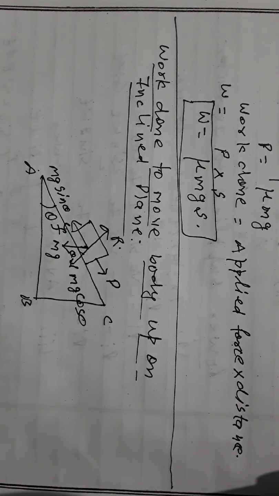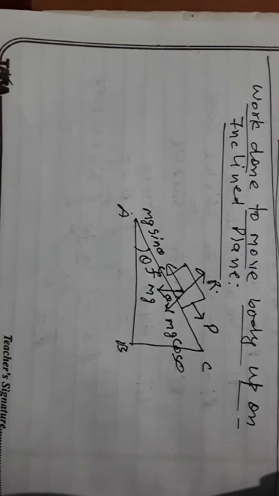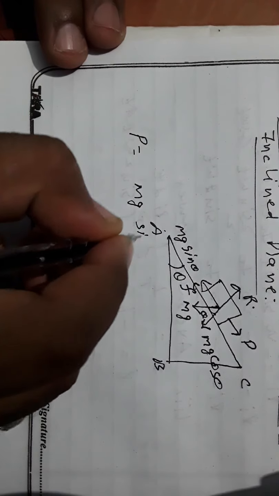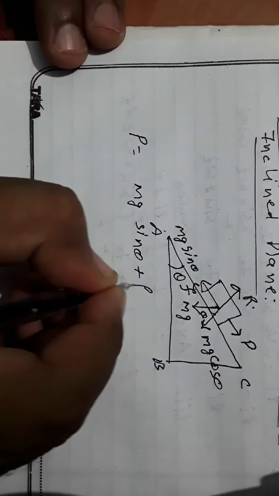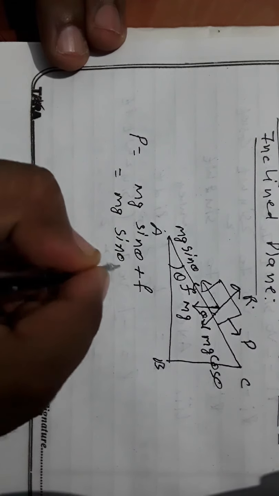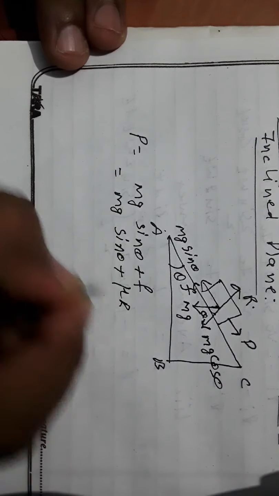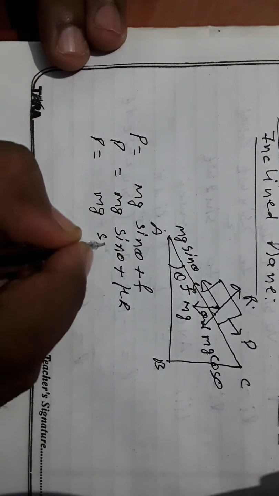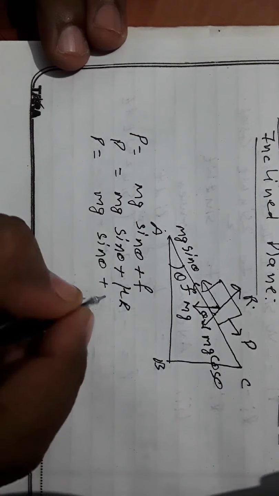So now we can write that the applied force is equal to mg sin theta plus force of friction. Force of friction is mu into R, and we know R is mg cos theta.